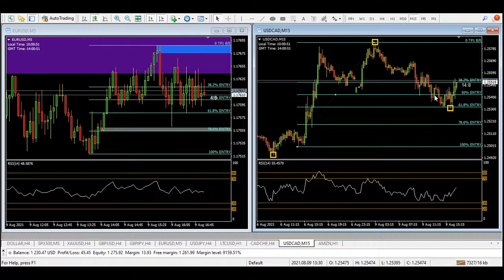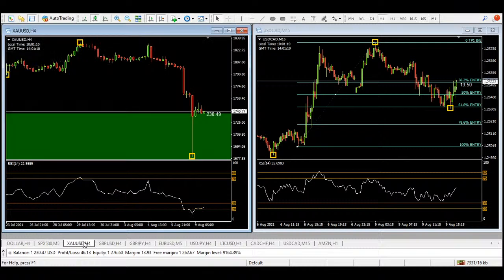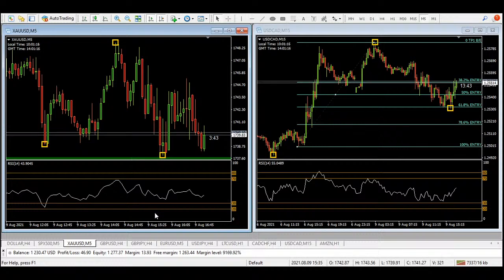That was more in line with the consensus. And plus, they're both in session right now, the United States and the CAD. I wonder what the S&P 500 is doing, if it's reacting off of the news. No, it does not. Gold reacting? 5 minute. No, not really.